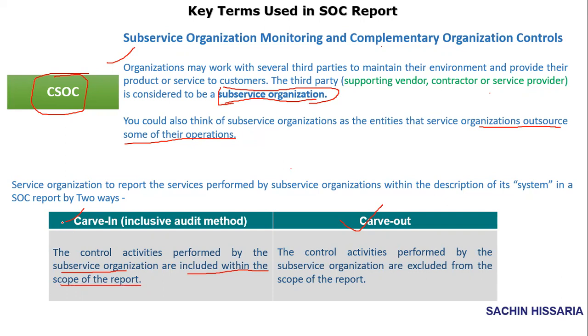You need to validate those controls as well. It is called the carve-in approach. In the carve-out approach, the control activities performed by sub-service organizations are excluded from the scope of the audit. So we will not perform testing on them. That is the carve-out approach.